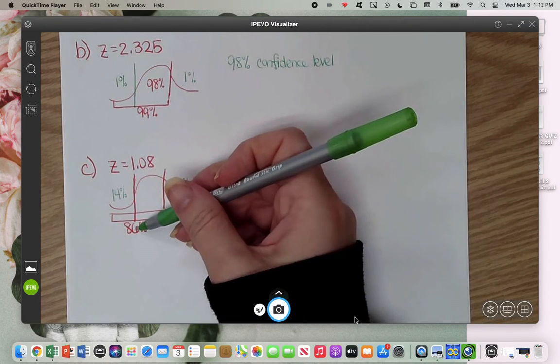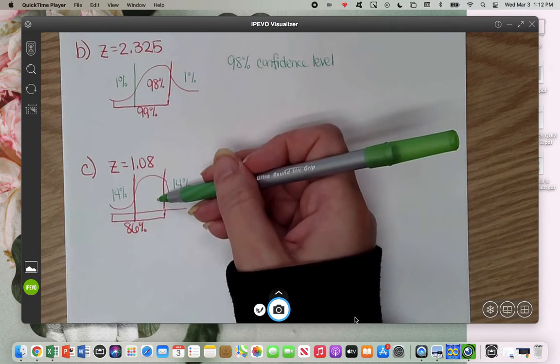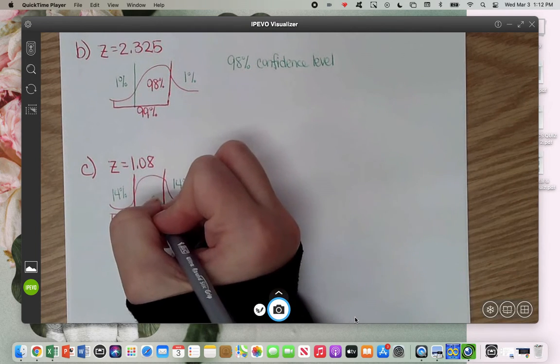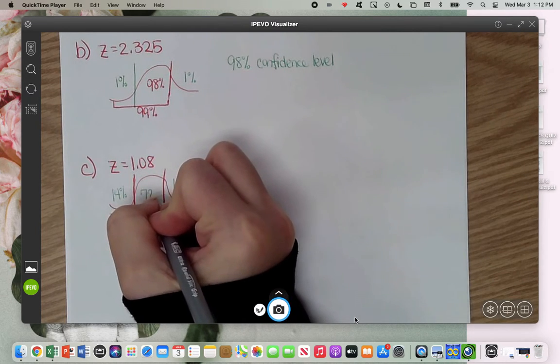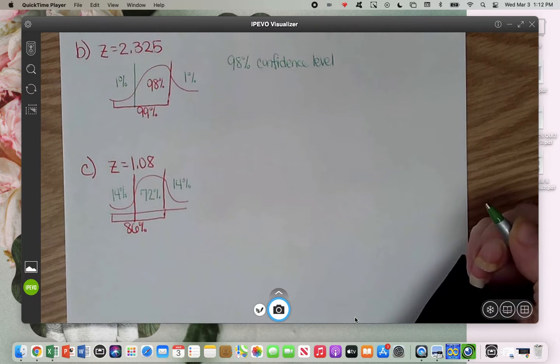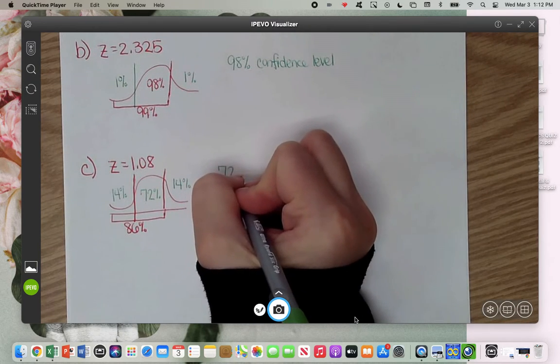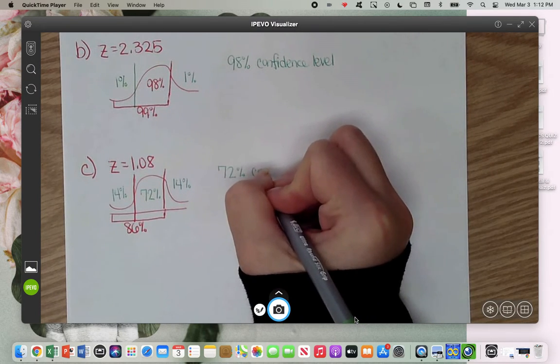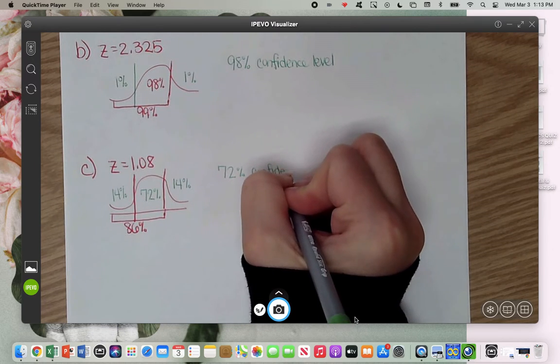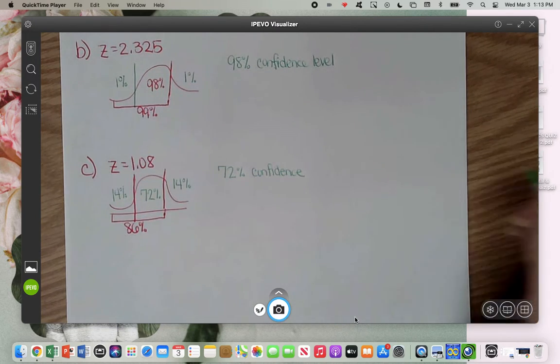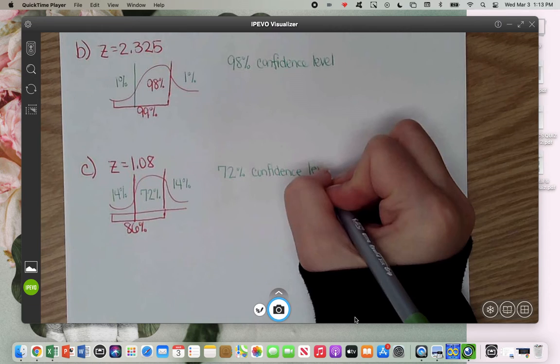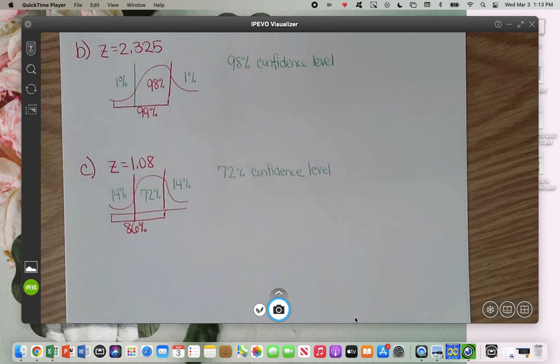So 86 minus that tail would give us what's left in the middle, which gives us a 72% confidence level. All right, so I don't know if you remember with z-scores, we like z-scores to be in between -3 and +3, just like we did on our charts yesterday.